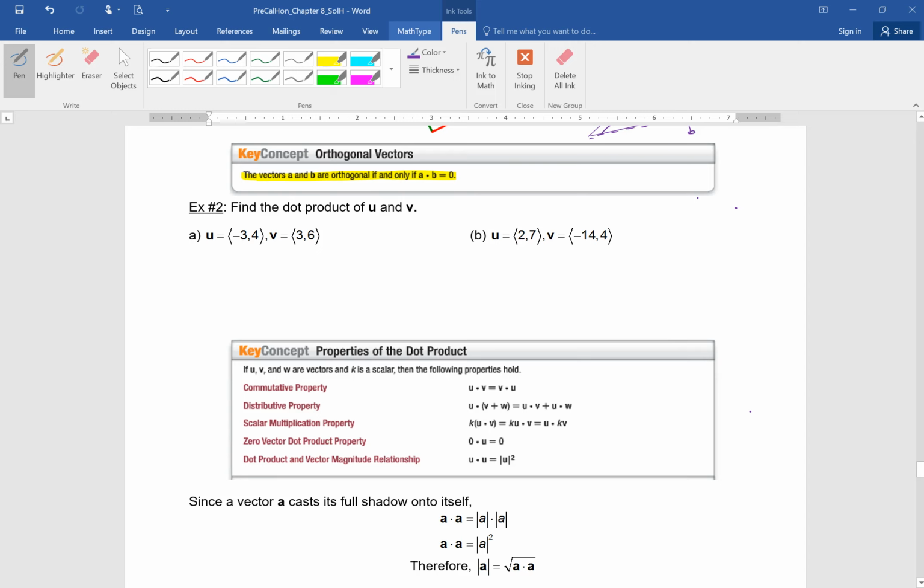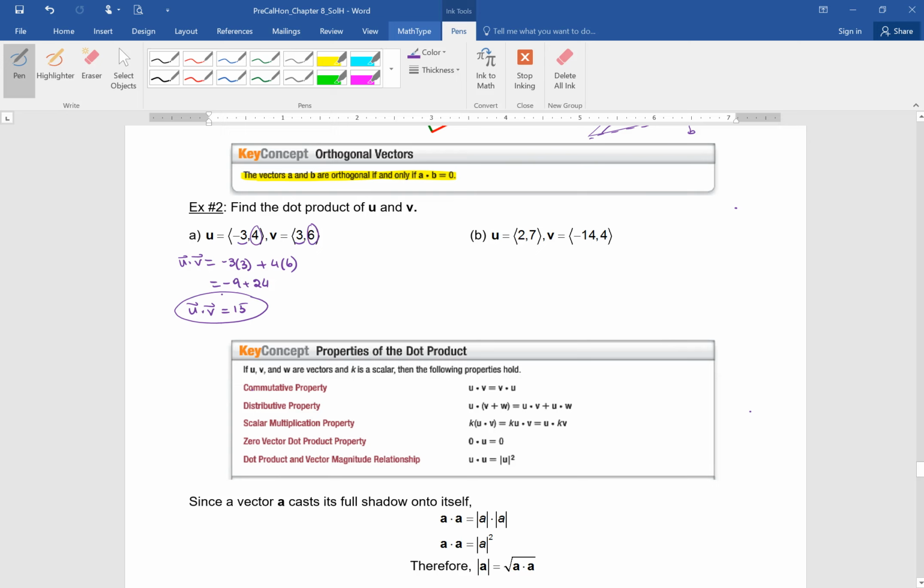Okay, so let's find the dot product here. You'll find it's really straightforward. So U dot V, now remember it's a scalar, is negative 3 times 3 plus 4 times 6. So this is negative 9 plus 24. So how much is U dot V? 15.